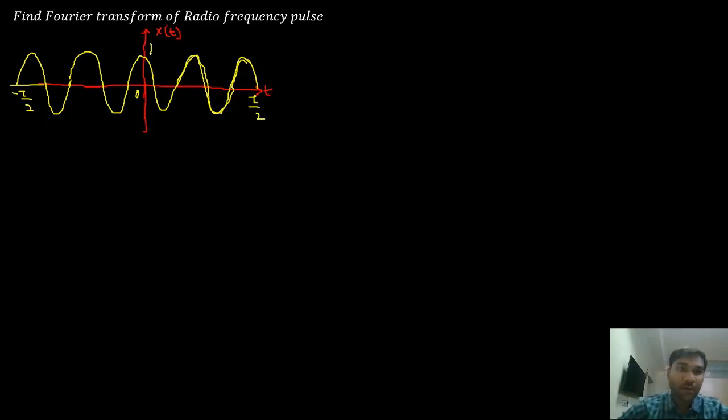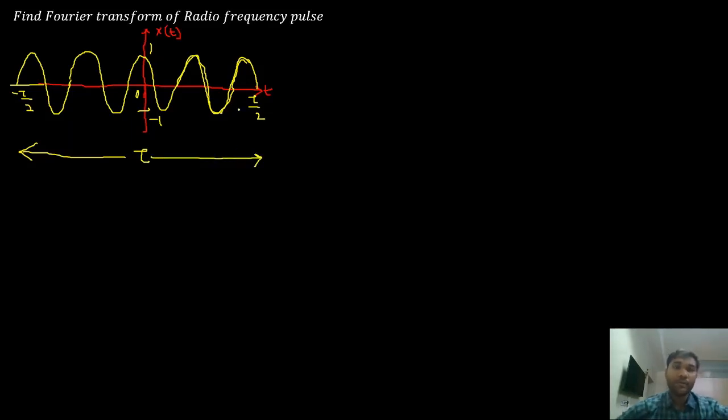My amplitude is 1, and on the negative side it is minus 1. So this is the radio frequency pulse. The width of the pulse is tau.